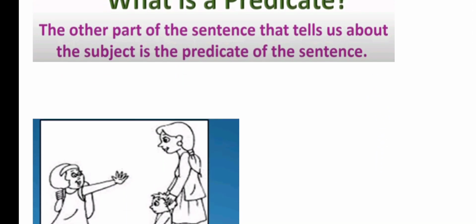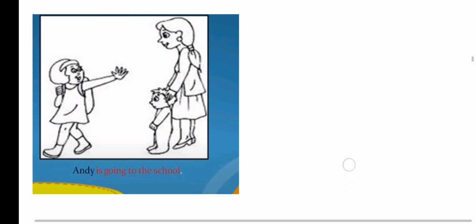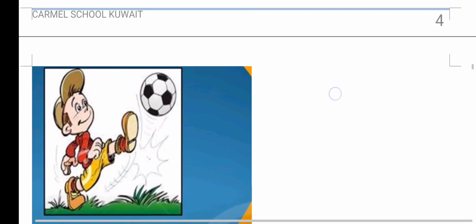Now here from this picture you can see Andy is going to the school, and Andy is a noun present in this sentence and it is a subject. Is going to the school is the remaining part of the sentence and that is the predicate. The next picture shows Ravi is playing football, and here also the noun is Ravi.